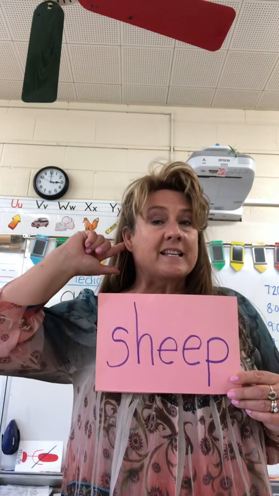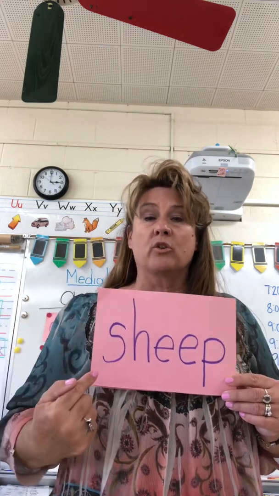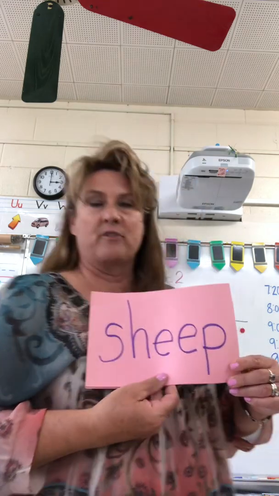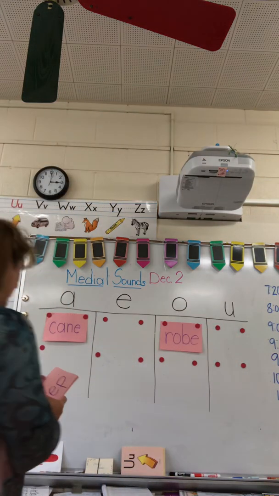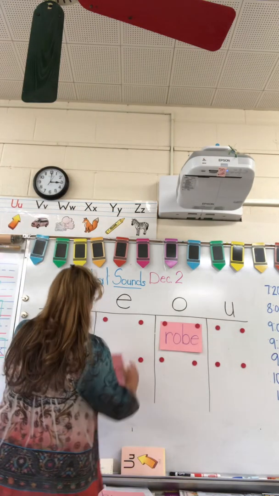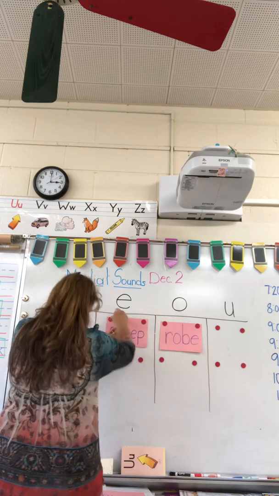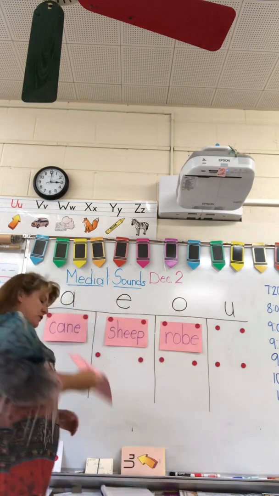Now we have to listen for the sound in the middle. Sh is the beginning sound, P is the ending sound, but the sound in the middle is E. The medial sound of the word sheep is E. So we're going to put this on the E column, and we're going to look at our next word.